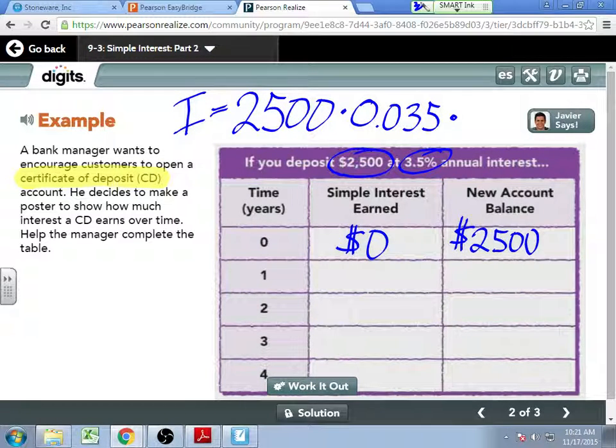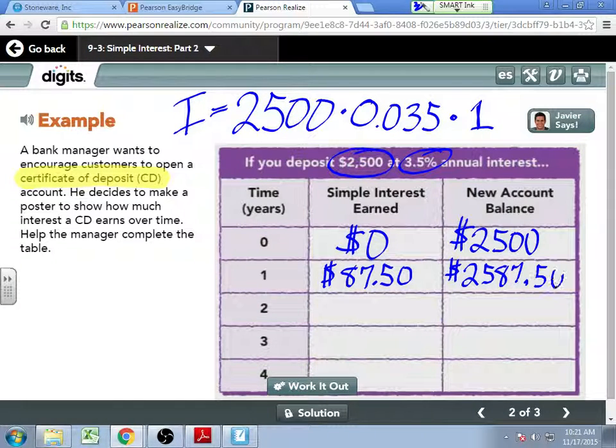If I now make this a 1 and do that math, Pranav, how much interest did I make in year 1? $87.50. Now my total account balance, I add those two together: $2,587.50.